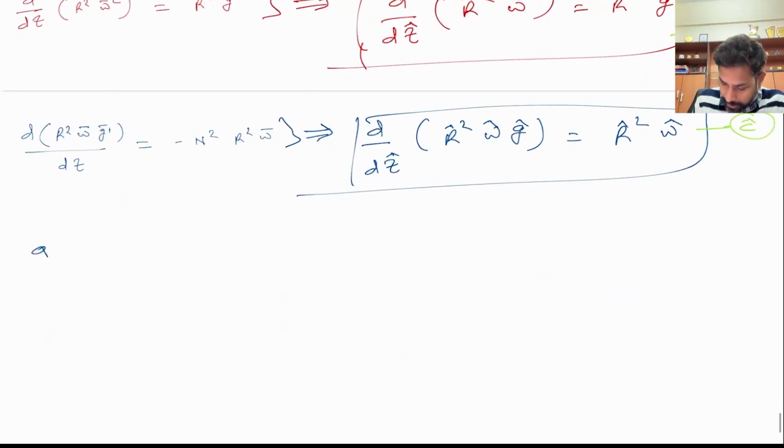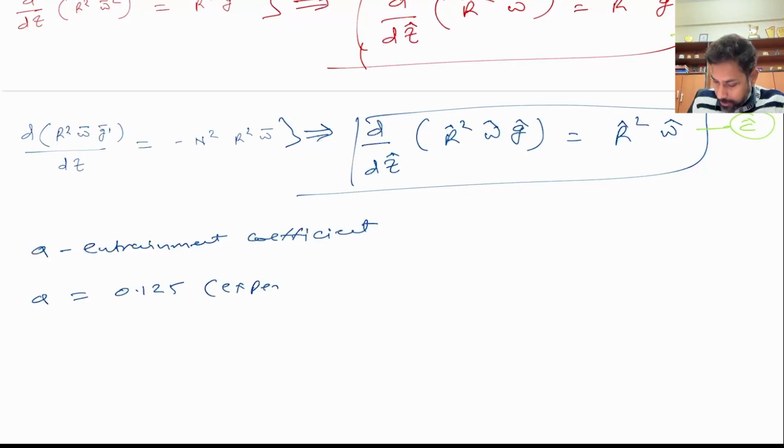So A is the entrainment coefficient, and its value is 0.125, found experimentally. Okay, so this value A is equal to 0.125.